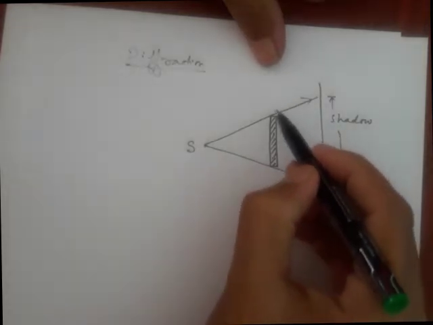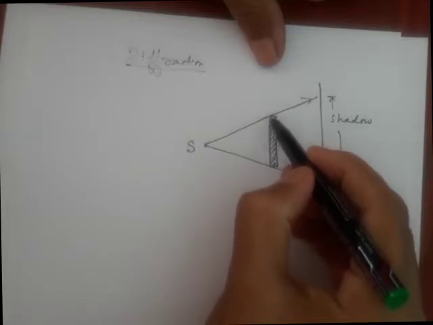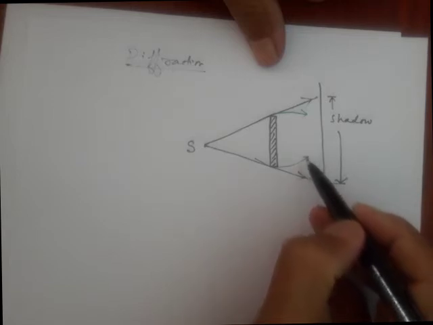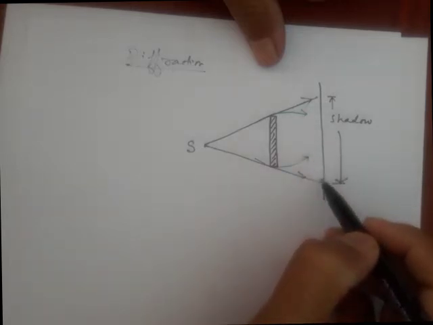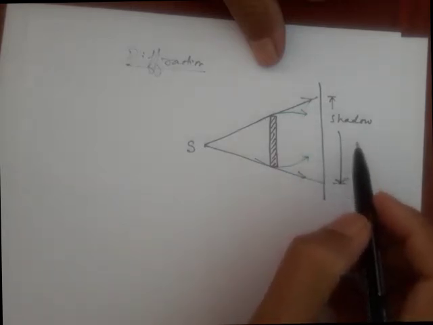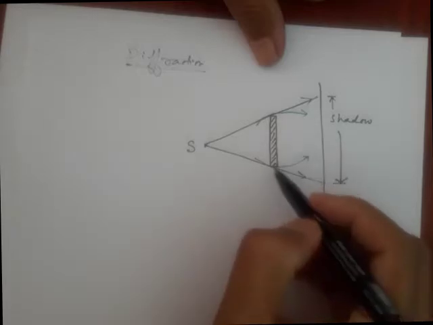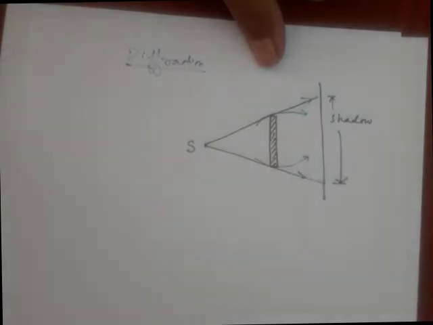So it shows that light actually bends around the corner of the obstacle here. Something like bending here. So light is found to be present here. It means the shadow is not perfectly dark. So this phenomenon in which light bends around the corner of the obstacle is what we call diffraction of light.